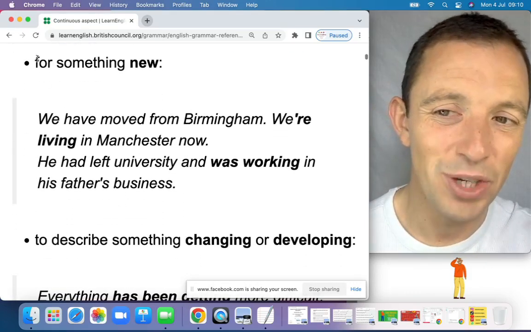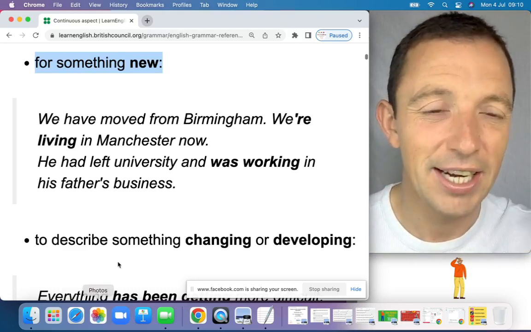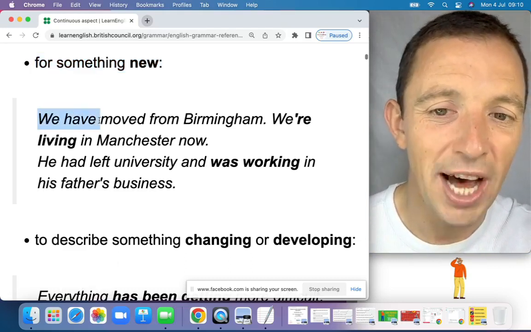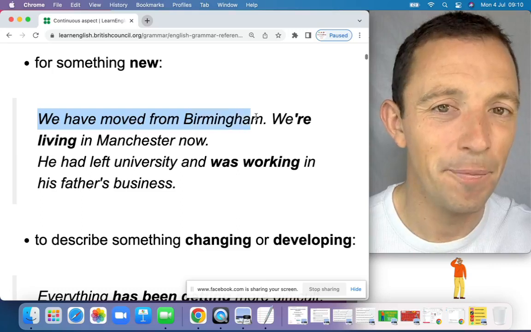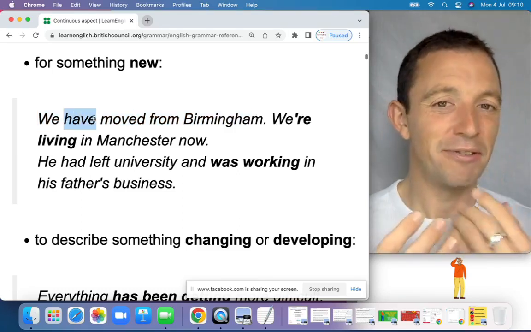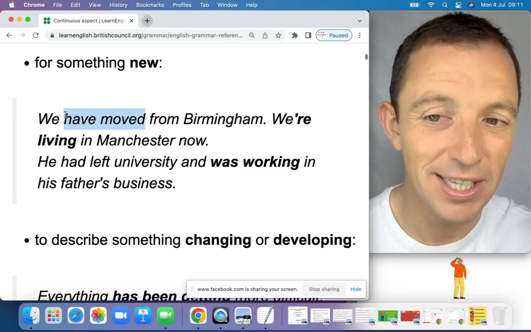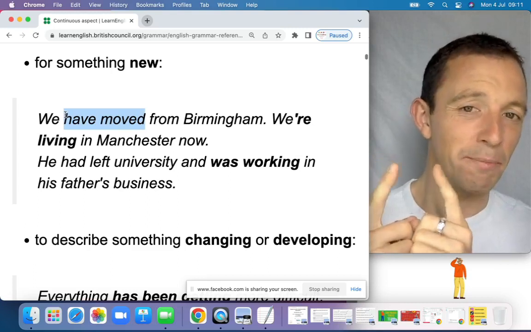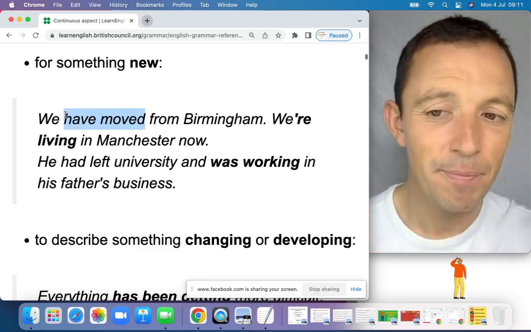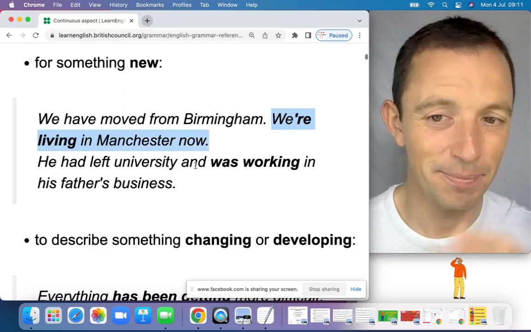Next, we use the continuous aspect for something new. Okay, and here is the first example. We have moved from Birmingham. The subject is we. The extra auxiliary verb is to have, plus the participle moved. This is the present perfect. We have moved from Birmingham, and we now are living in Manchester.